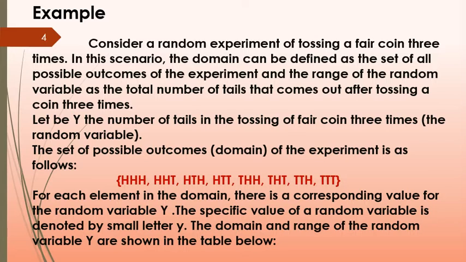We will count the number of tails from all possible outcomes in each set. For each element in the domain, there is a corresponding value for the random variable y. The specific value of the random variable is denoted by a small letter. The domain and range of the random variable y are shown in the table below.